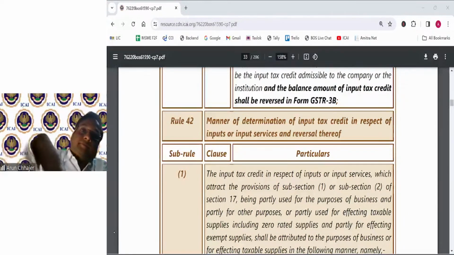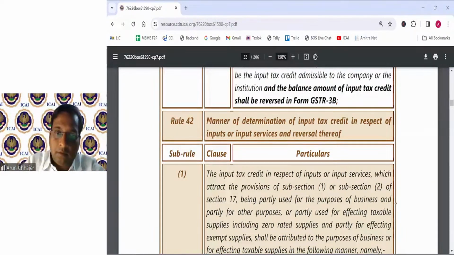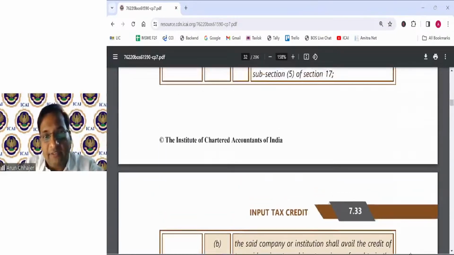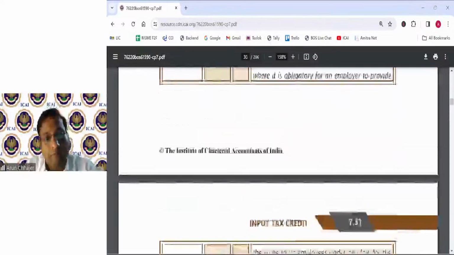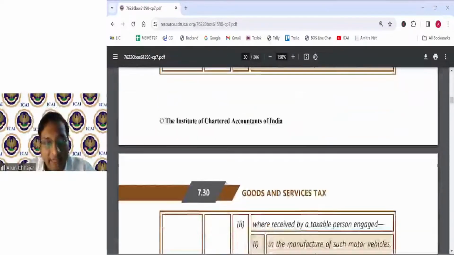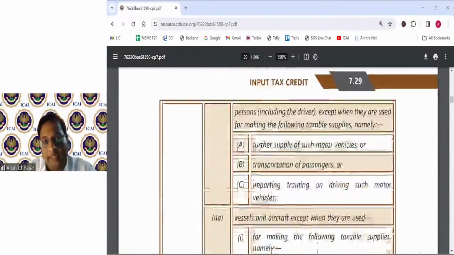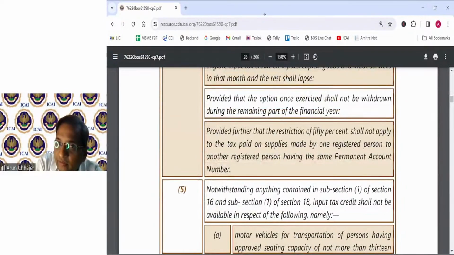Check. So let me start 17 subsection 5, then we'll gradually move to the rules also. 17.5 is talking about block credit. Read the 17.5.